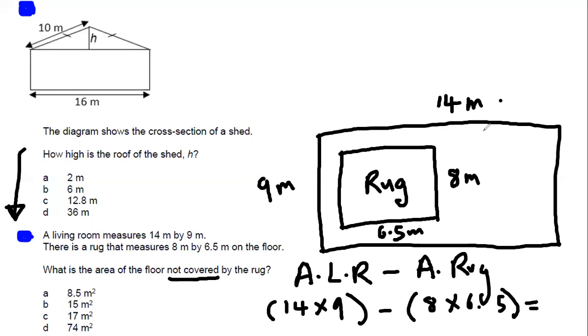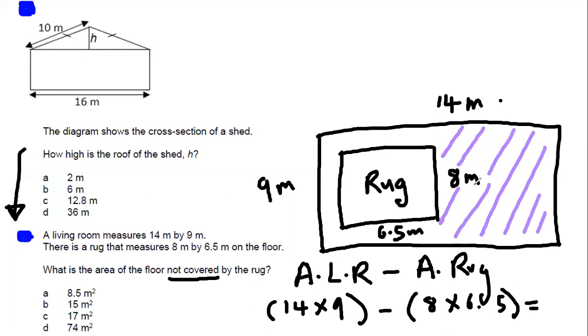All right, and that will give you the area of this section here. So they're talking about this section here. All right, so work on that and tell me what you get.